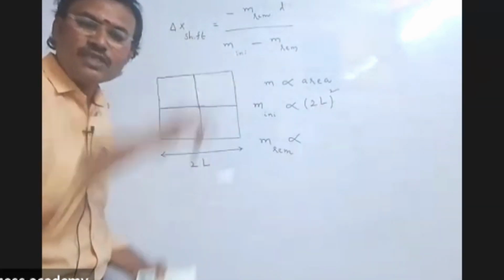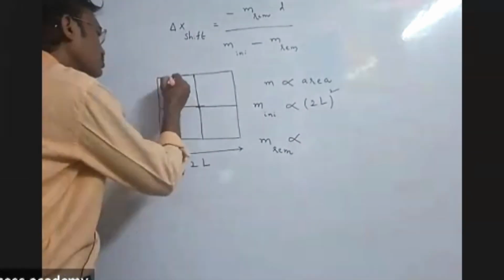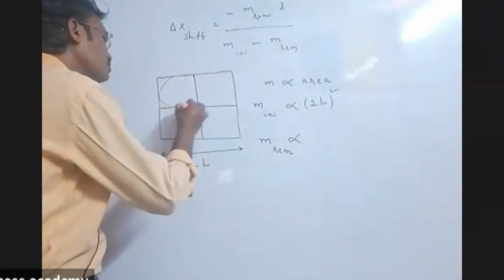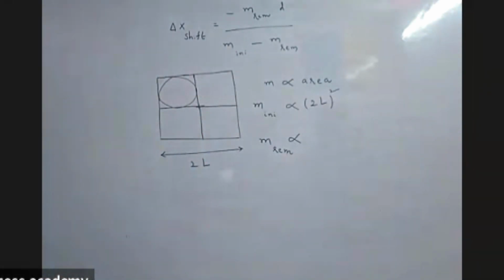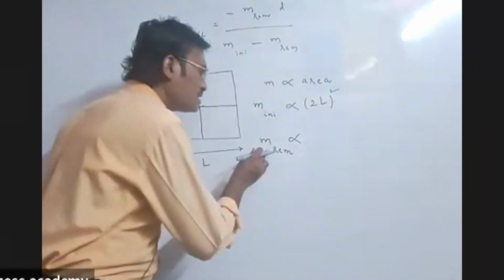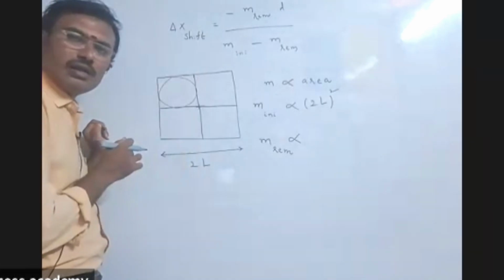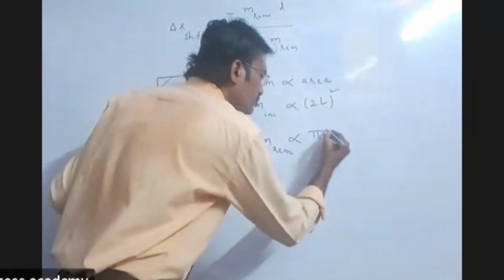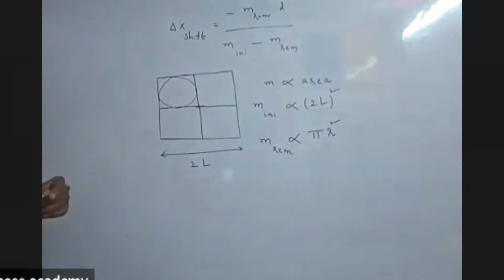A circular shape is removed. So the removed part's mass is directly proportional to its area. What is the area of the circle? Pi r square. Here r is the radius of the circle.